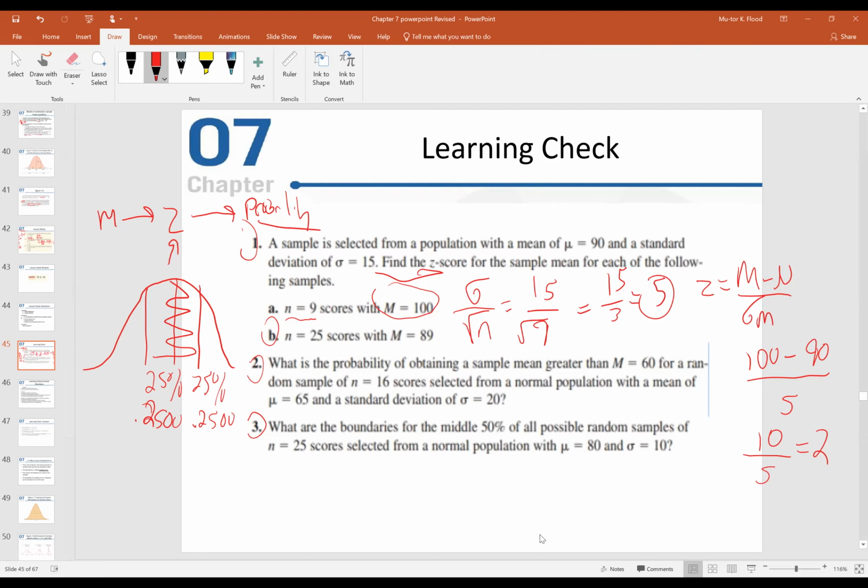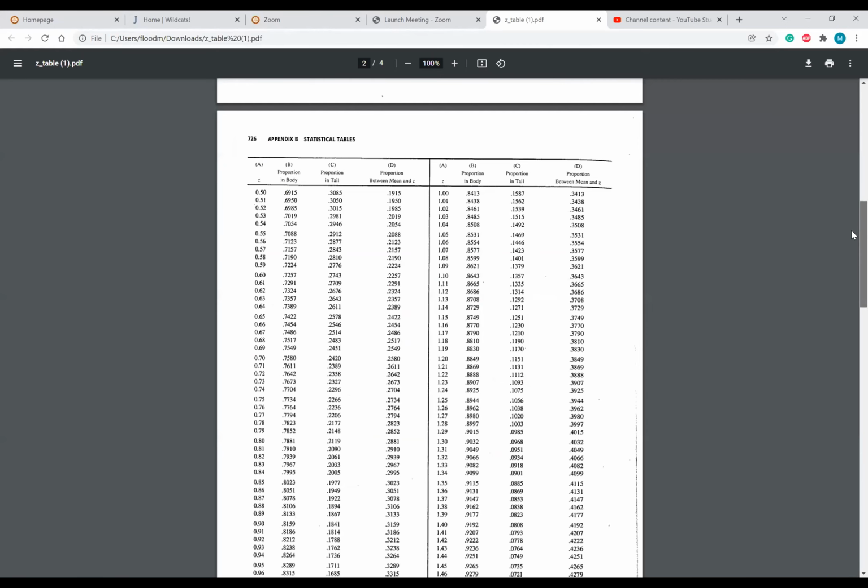So for this one, we are going to go into our unit normal table and look up the corresponding z-score for 0.2500 in column D. Find out what that is.